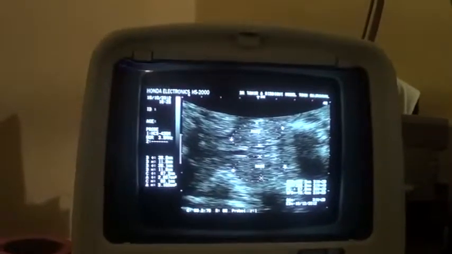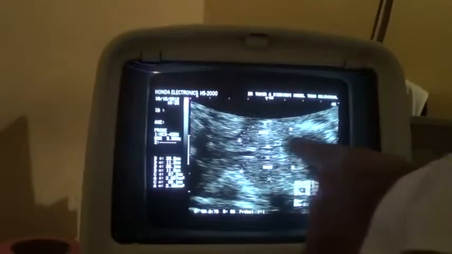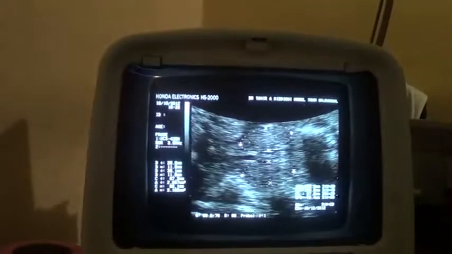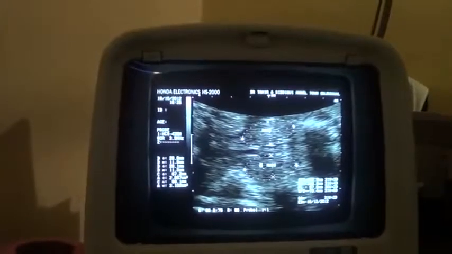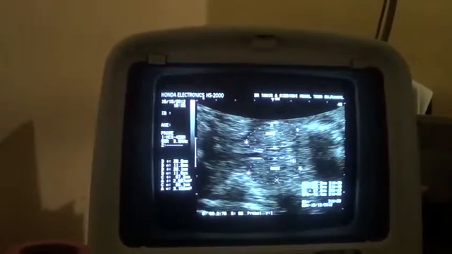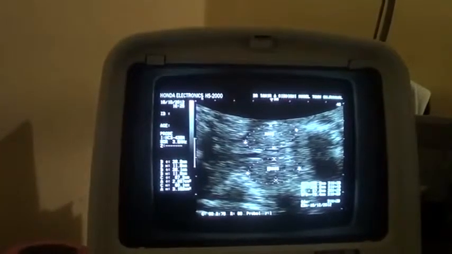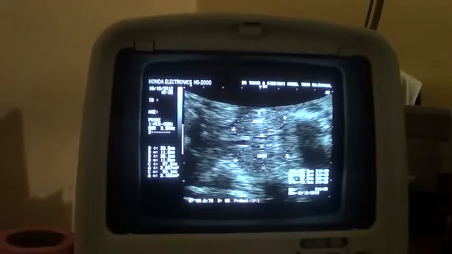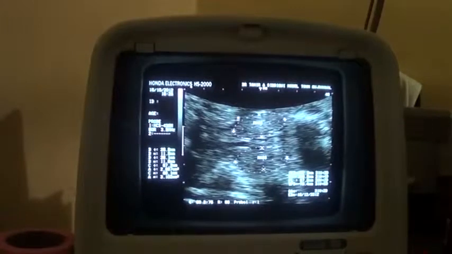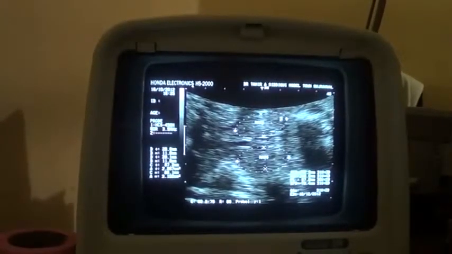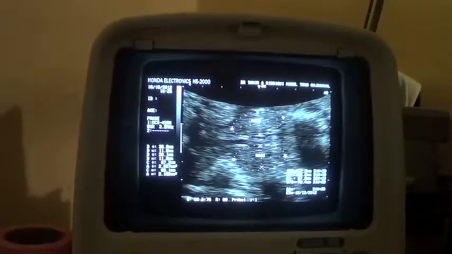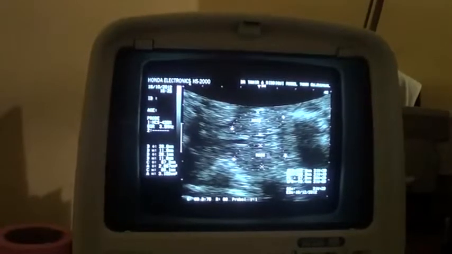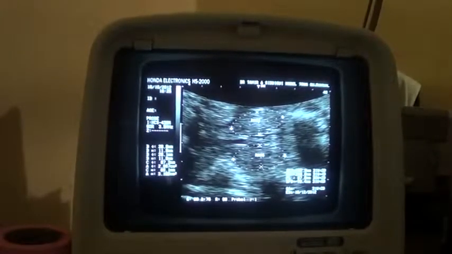So the dimensions of both masses are the same. They are well demarcated, they are evenly echogenic. Even in this case, you can see it's evenly echogenic, well demarcated. There is no calcification seen within this and this mass.